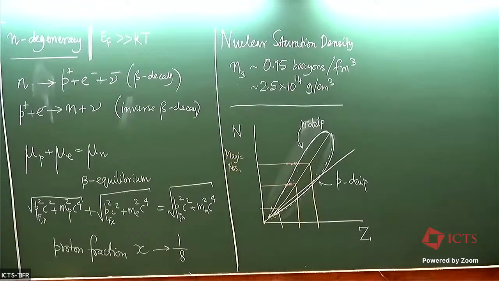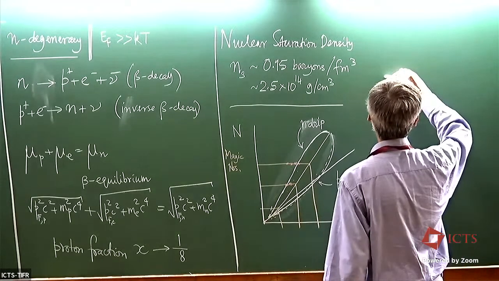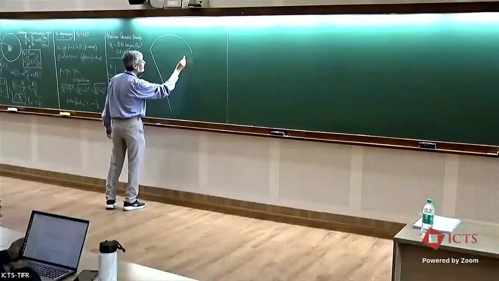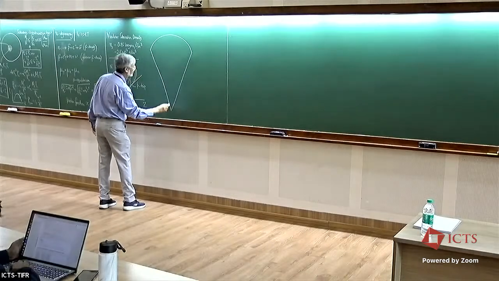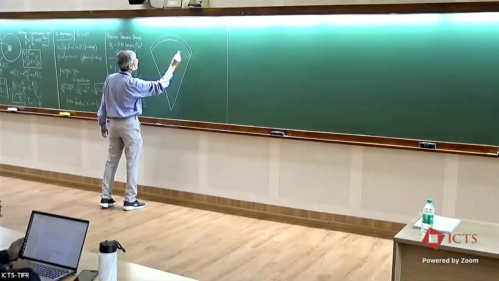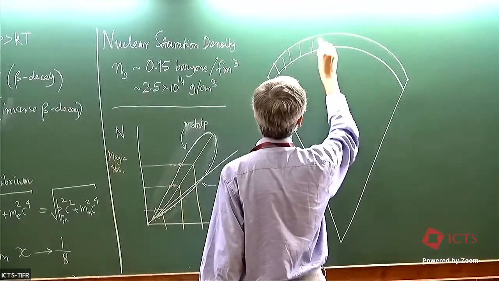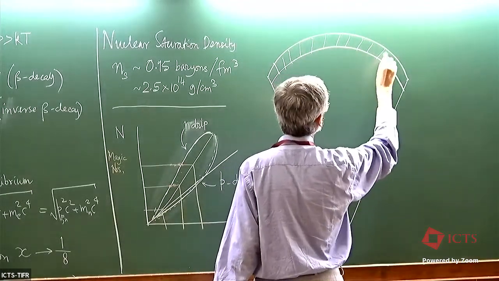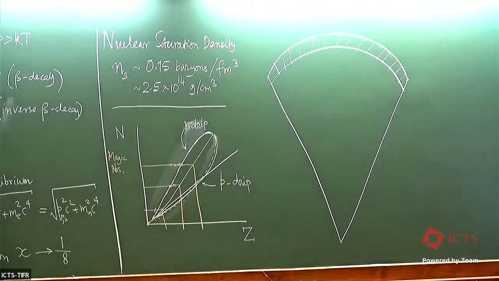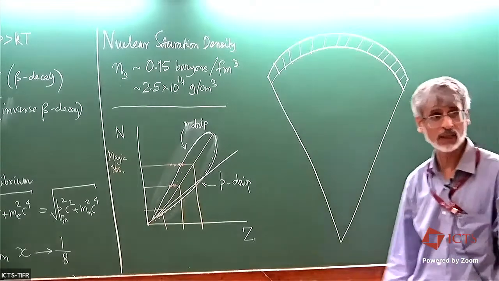So if I look at a section of the neutron star, I have an outer portion where we have neutrons and protons in the mix, but all neutrons and protons are held inside nuclei.